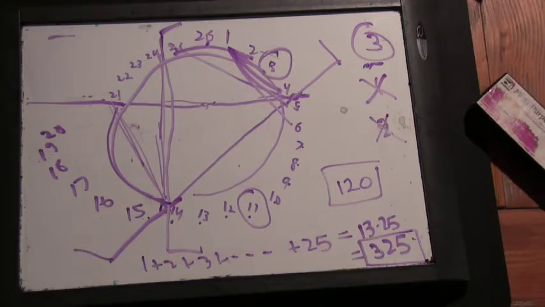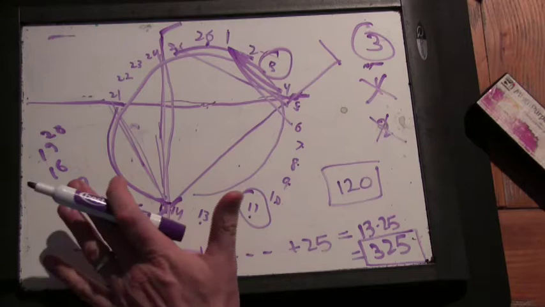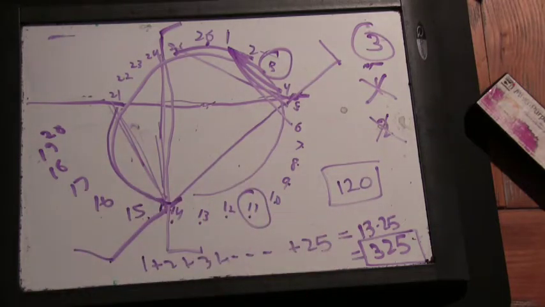So maybe. But what's the problem when I add another group of 16? Once I start with a group of 16 and I add another group of 16, what happens? There's some overlap, so there's some lines I've already connected. What's the lowest overlap I could have? Six people.